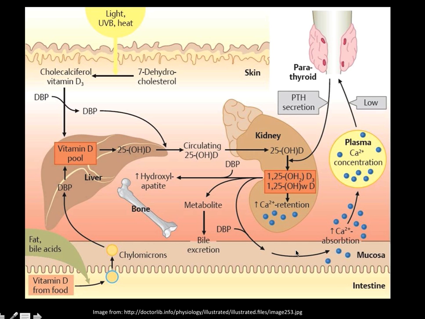Now, this is going to go to the intestine where it's going to increase calcium reabsorption and increase calcium concentration within the plasma. That calcium can then be warehoused in bone, and in doing so, it increases bone density.